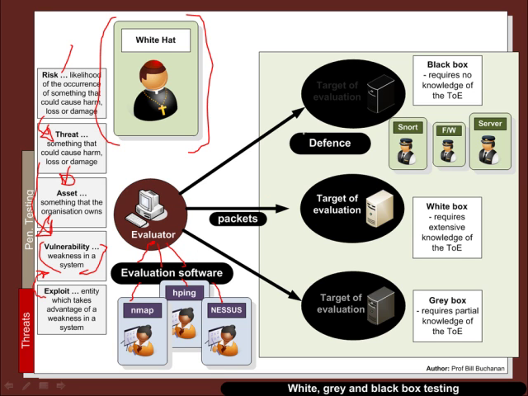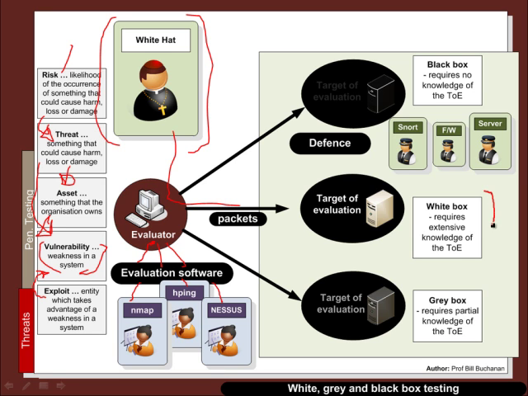vulnerability assessment tools. So they're typically a target of interest, so it might be a server, it might be a whole network infrastructure, or it could be even firewalls. And the white hat will then craft packets which will be able to assess the target of evaluation.